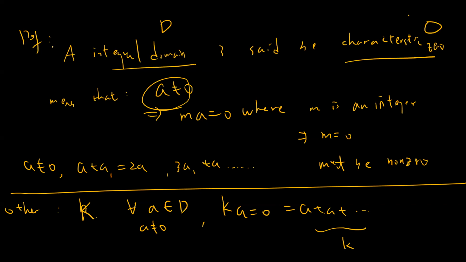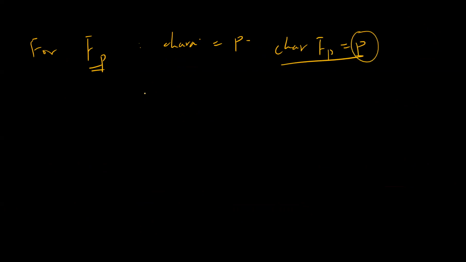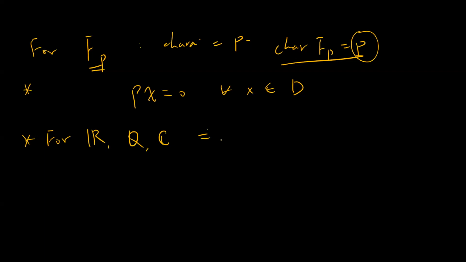With this notation, for the finite field F_p, the characteristic, char F_p, is just p, because in any such field, if you multiply any element by p, it becomes 0. So px is 0 for any x belonging to the domain. For the real numbers, rational numbers, and complex numbers, the characteristic will be 0, meaning any non-zero element added multiple times must still be non-zero.